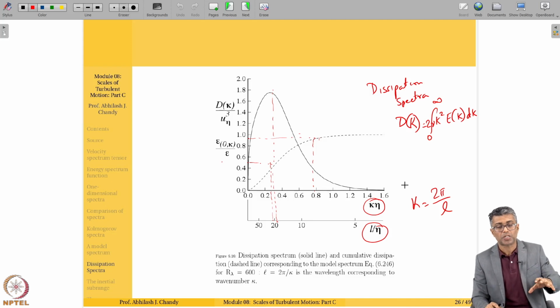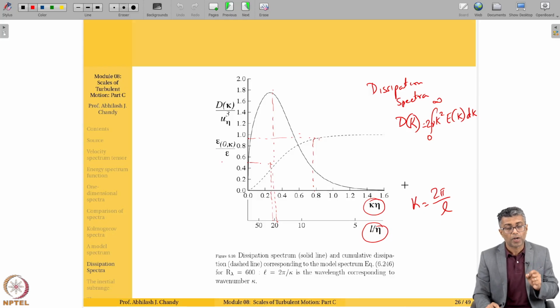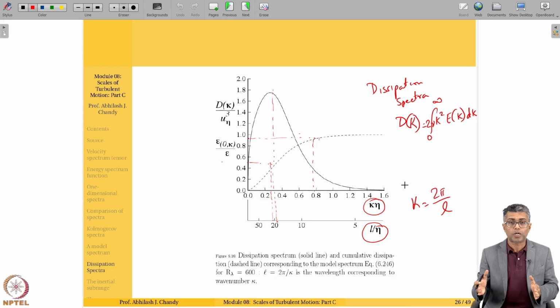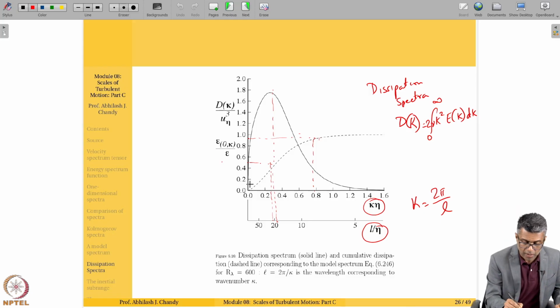We looked at the dissipation spectra and the cumulative dissipation in order to assess all of this. The cumulative dissipation showed that 10% to 90% of the dissipation, that is basically 80% of the dissipation, occurs between a certain range of length scales. So if you see here, it is 0.1 to 0.9.